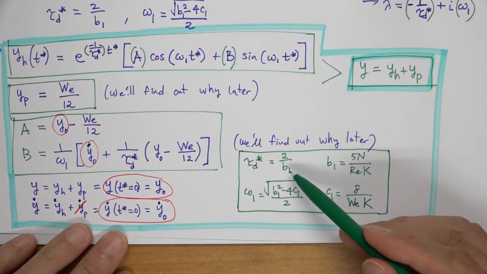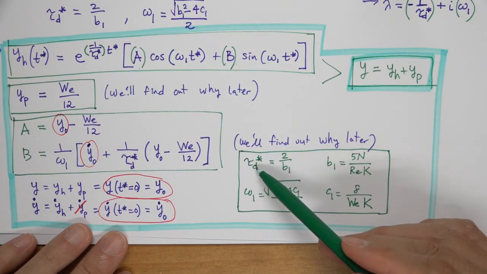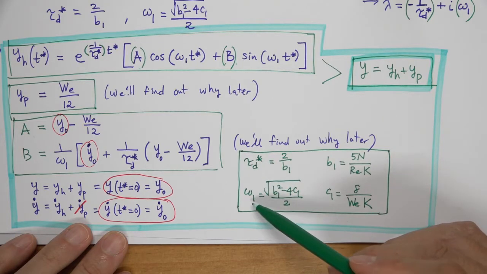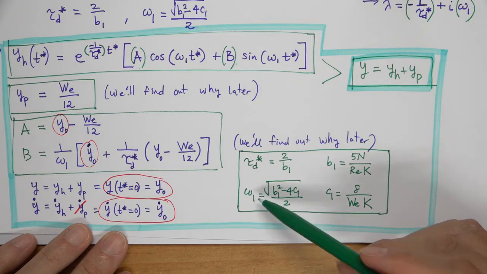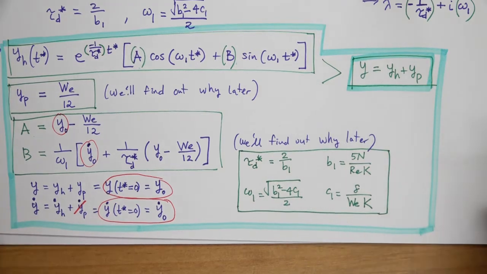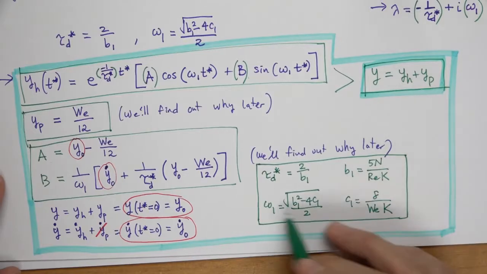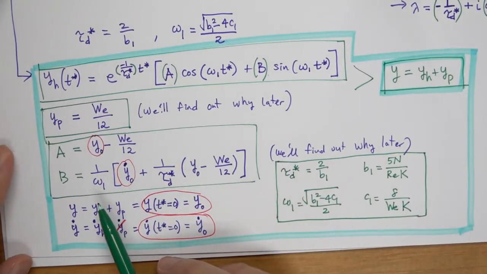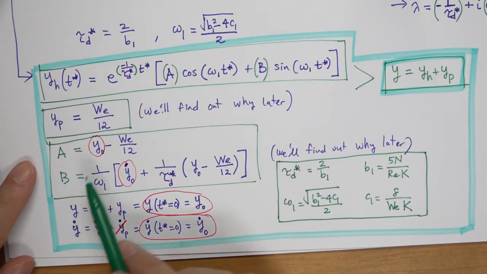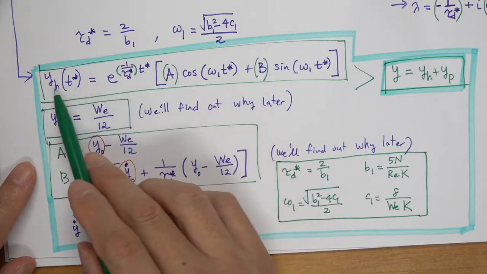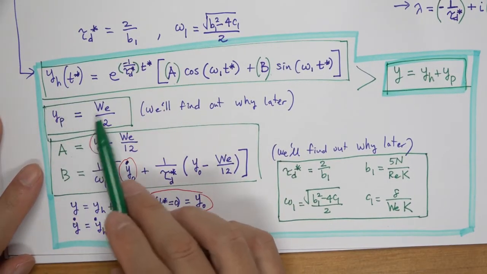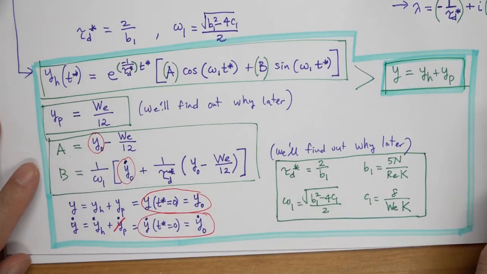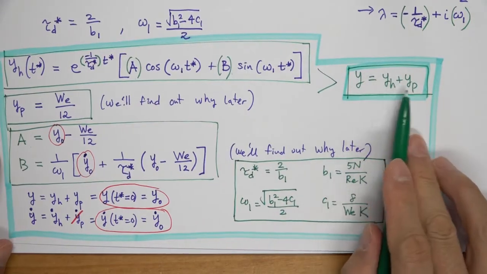If you know b1 and c1, you know the non-dimensional relaxation time and the oscillation frequency. Once you know all this, you can determine A and B, and you can find the homogeneous solution, and you know the particular solution. So the general solution is homogeneous plus particular solution.